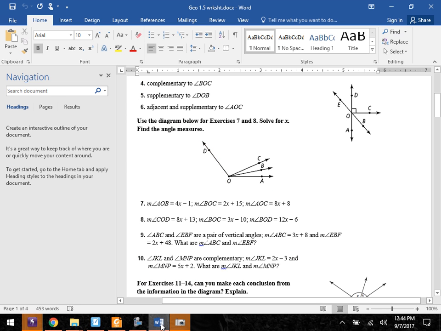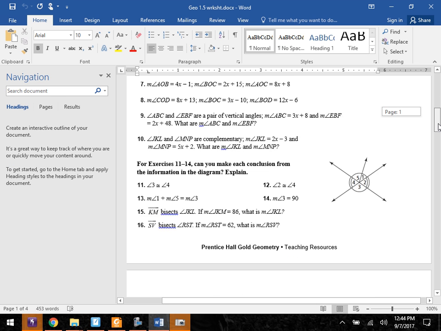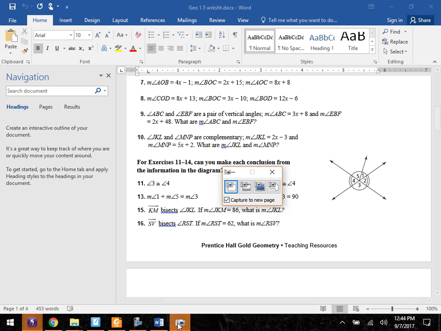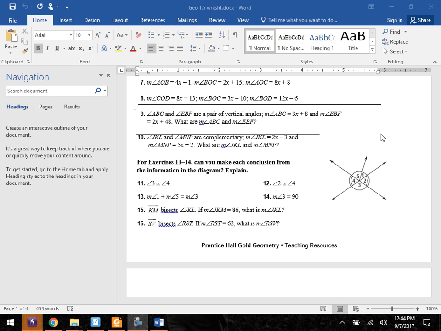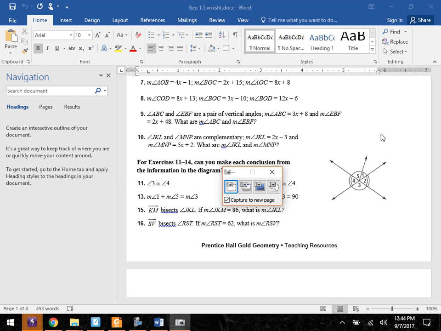All right. After that, 9 and 10 did not have diagrams, did they? They didn't. But what do vertical angles look like? Like an X. Okay.